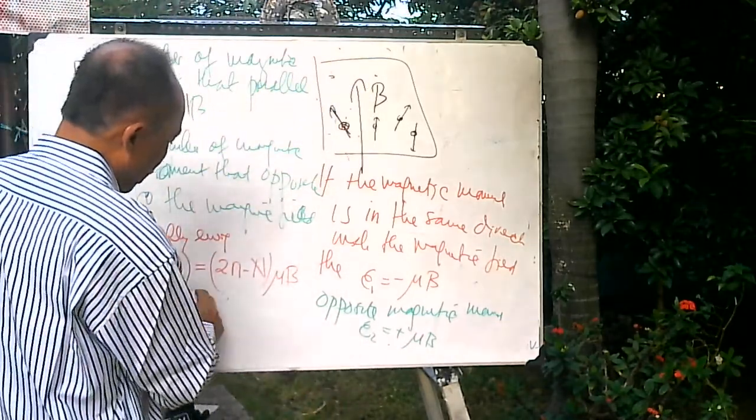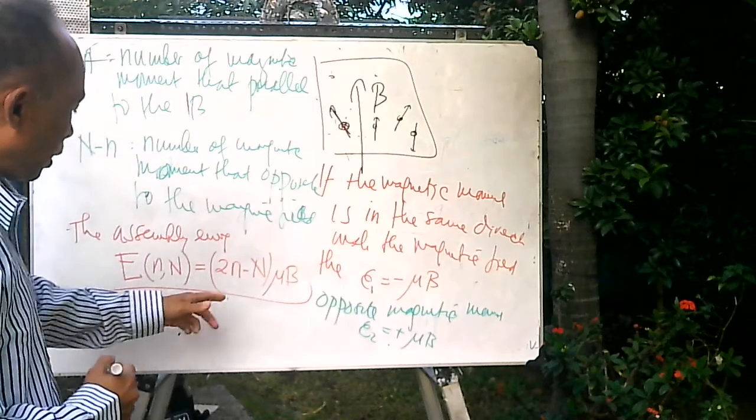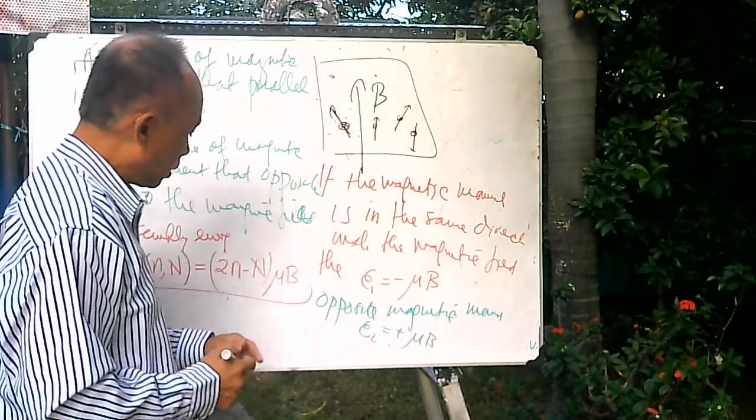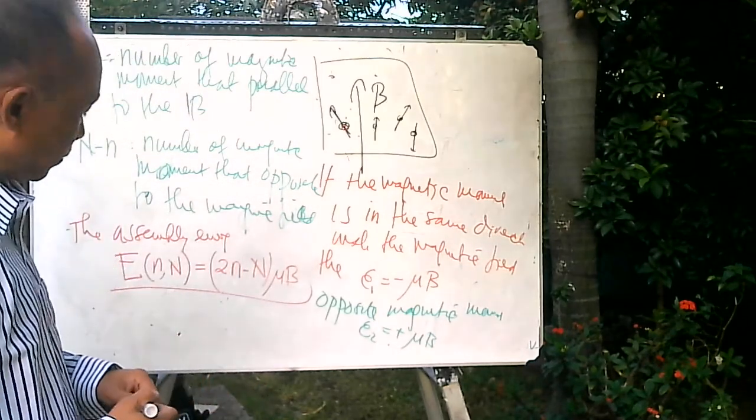So the energy of the assembly is (2n minus N) times mu B.